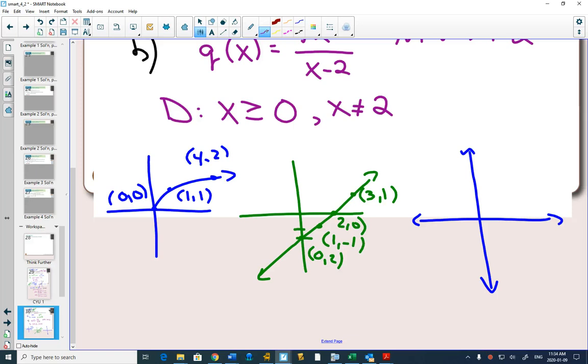What would happen if you did 0 divided by negative 2? You get 0. What would happen if you took 1 divided by negative 1? You get negative 1. What do we know happens at positive 2? We have a non-permissible value, so we would have an asymptote at x equals 2.